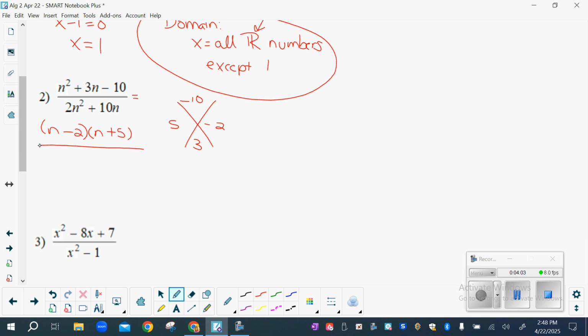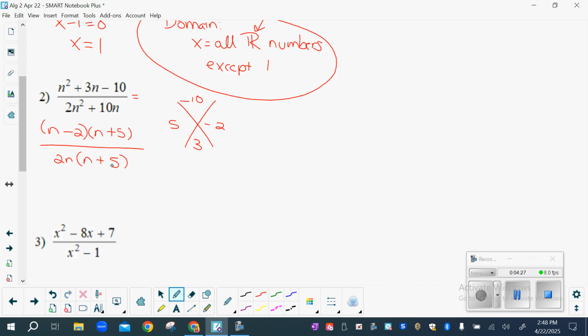Is there a number that goes into both of them also? 2n. So we have 2n times n, which is 2n squared, and then 2n times what is 10n? 5.